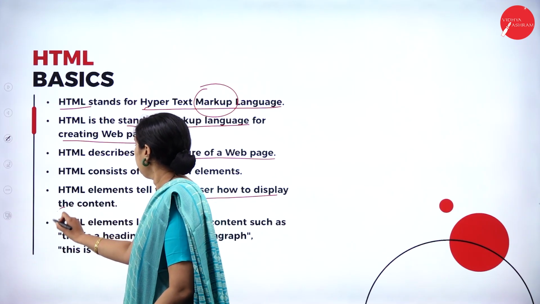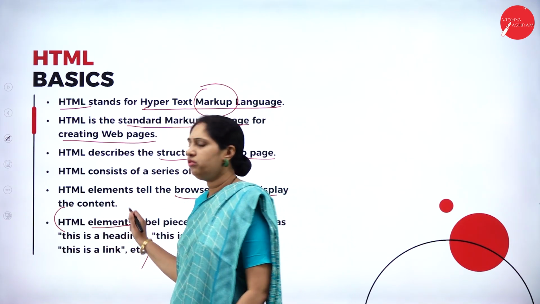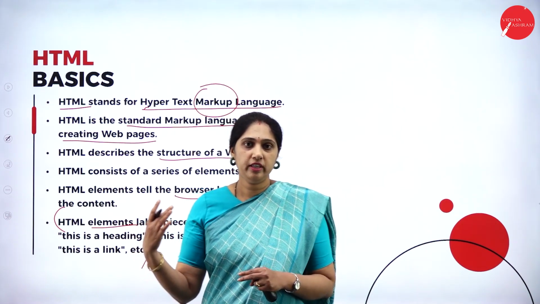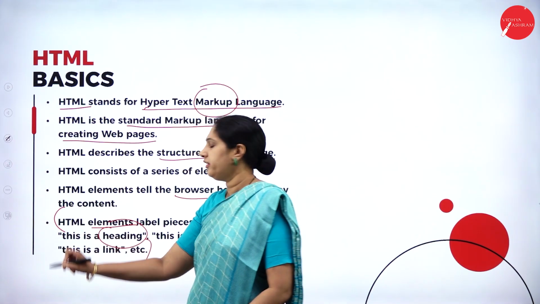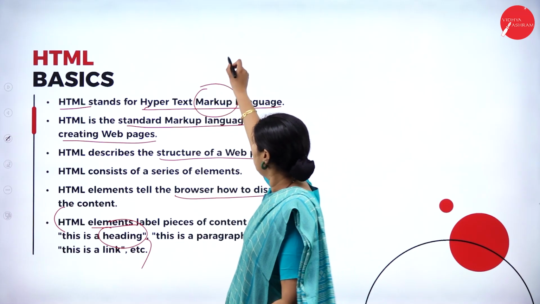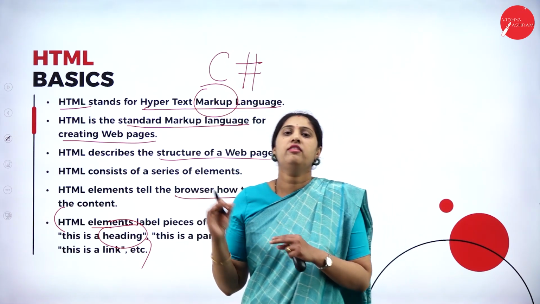So you have a lot of HTML elements, like how your tag should be, how your content should be, how it should be displayed, okay? Suppose I want a heading, say this is all about C#. I write C# in big bold. So I give a heading.